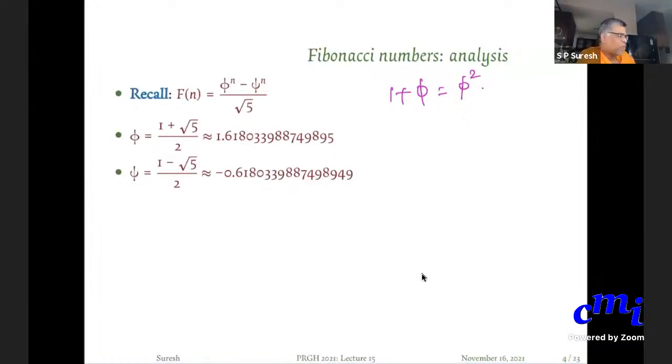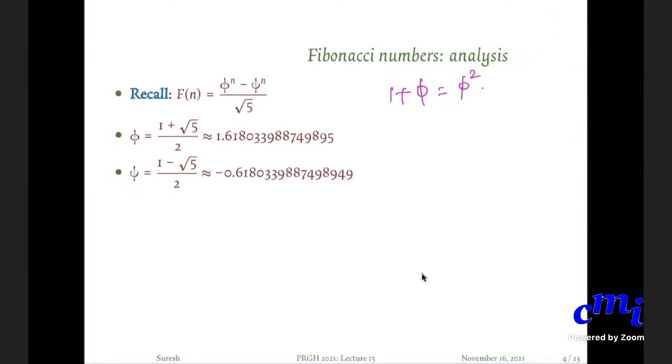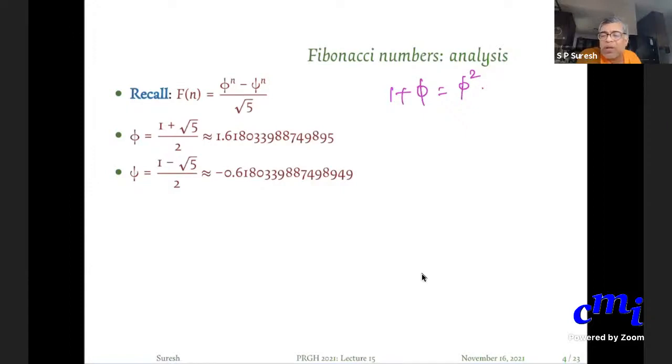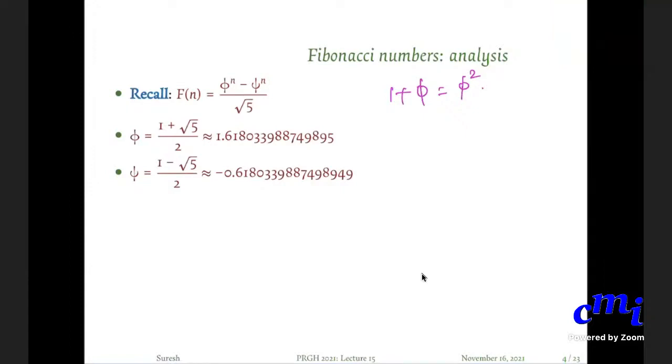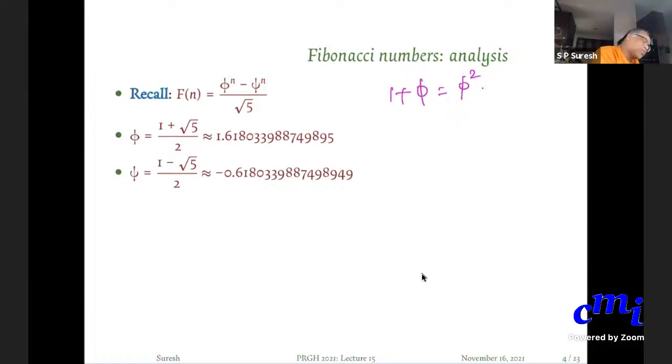You can verify. I think phi and psi satisfy the same quadratic equation. Yeah, that's right, so 1 plus psi is also psi squared. I suppose so, but you can check.